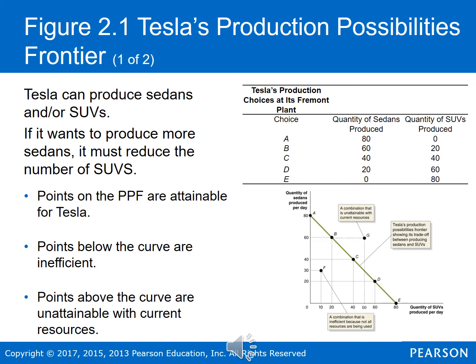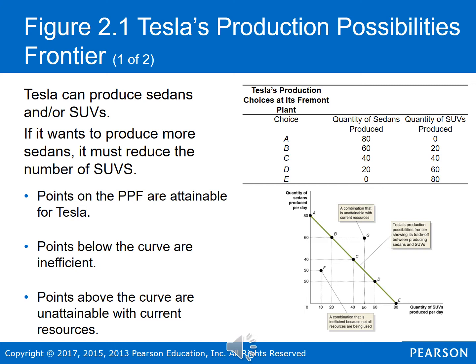So now we can graph that, and below that figure on the right, we see a production possibility frontier for Tesla, for their SUVs and their sedans. It slopes down from 80 sedans and 0 SUVs, all the way down to 80 SUVs and 0 sedans.